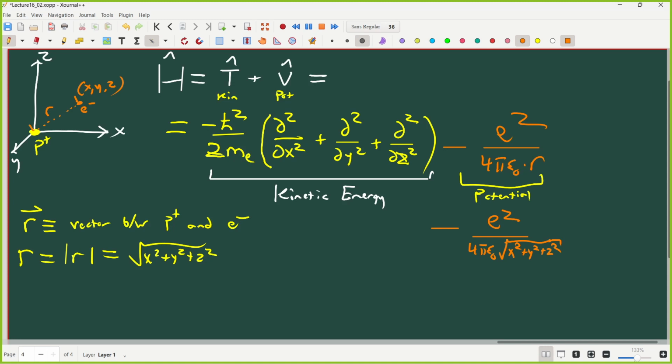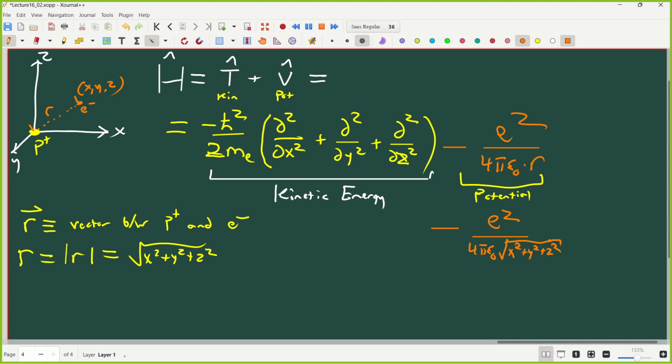So right now, in terms of x, y, and z, our Hamiltonian is coupled. x and y and z all depend on each other. But when we move to spherical coordinates, we'll realize that they're coupled only in r and not in the angles. So in this case, we have three coupled coordinates that all depend on each other. And in spherical coordinates, we'll have two sets of coordinates. We'll have the distance, the r, which is by itself, and it will be completely separable from the angular coordinates, where the electron lies on the sphere at a fixed radius.